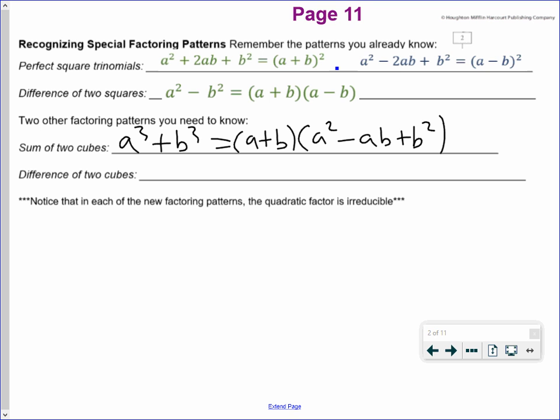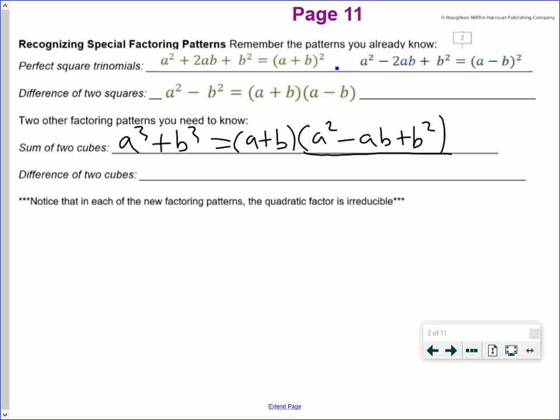Something to note is that this second parentheses in the factored form is irreducible. You cannot factor this anymore, and also it has to be a minus ab, not a minus 2ab like a perfect square trinomial. If it was minus 2ab, we would have to reduce it some more. So remember, the second parentheses has to be irreducible.